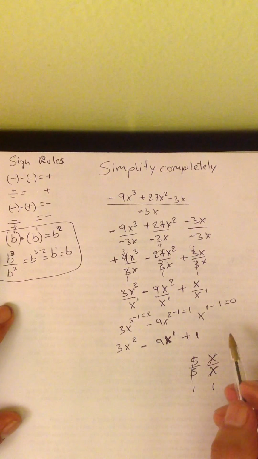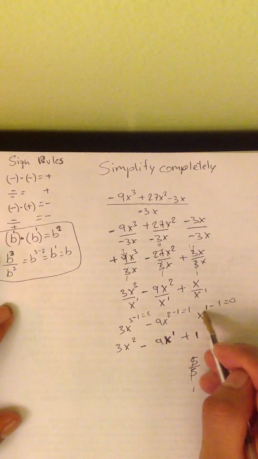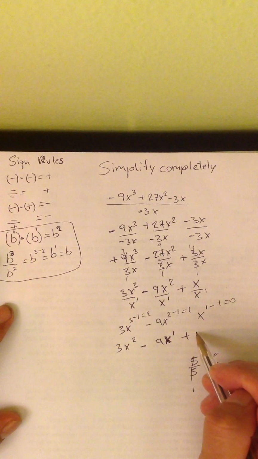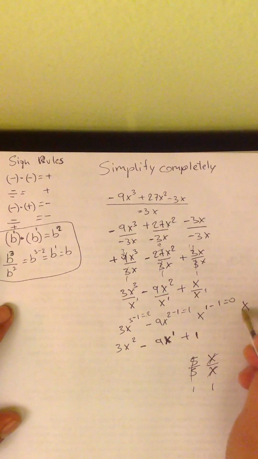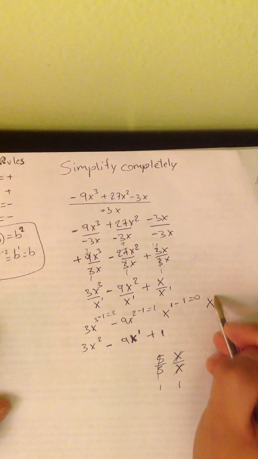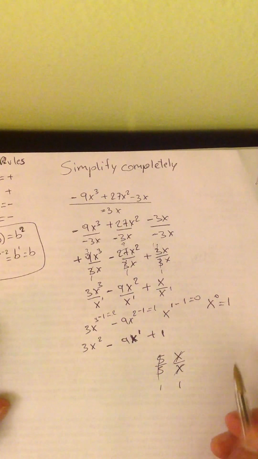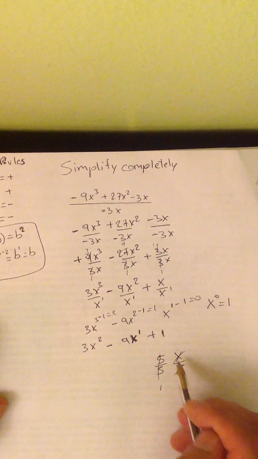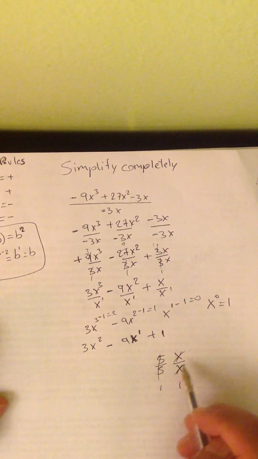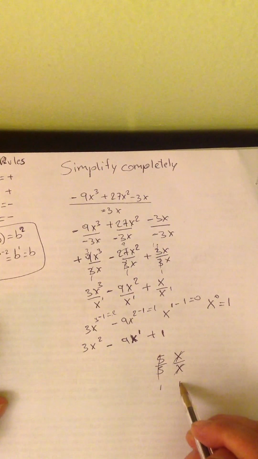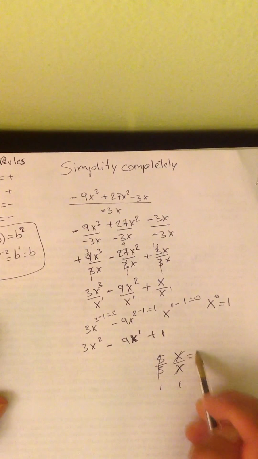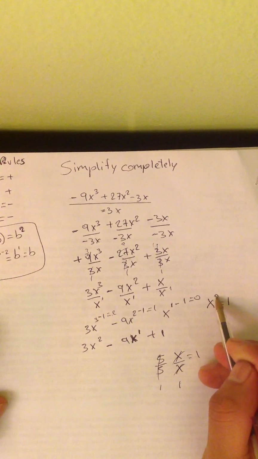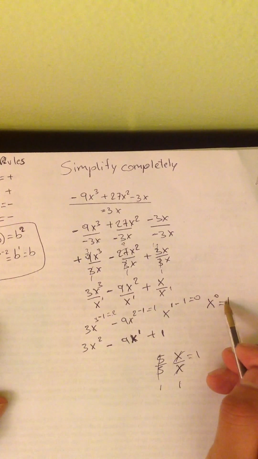Therefore, when x has a power of 0, it equals 1. That's the proof that I just said, when 5 divided by 5 is 1. Same thing when x divided by x is 1. Therefore, x to the power of 0 is 1.